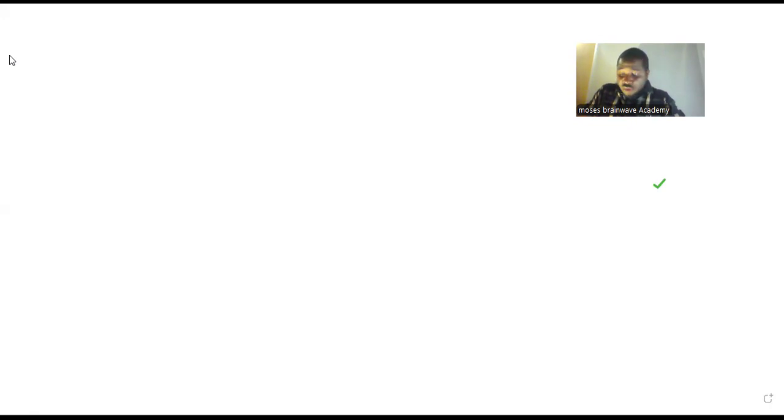A matrix is just a set of numbers arranged in a rectangular pattern and enclosed in a bracket. So, for example, we have a particular set of numbers like, let's say 6, 5, 4, and 2.